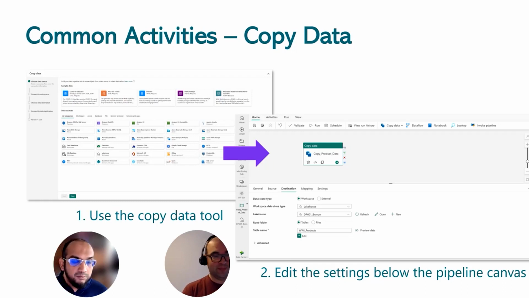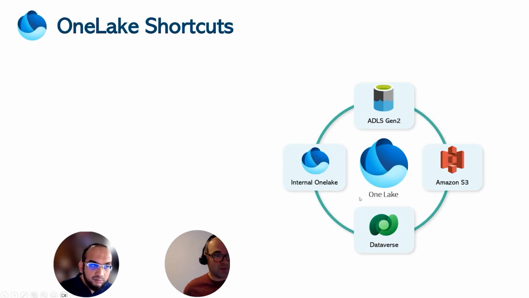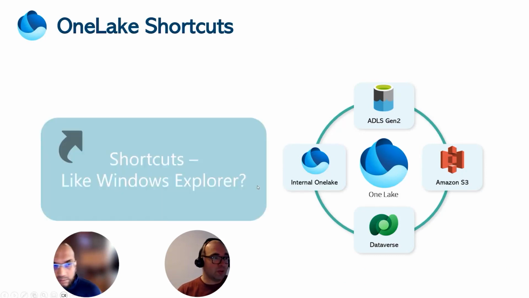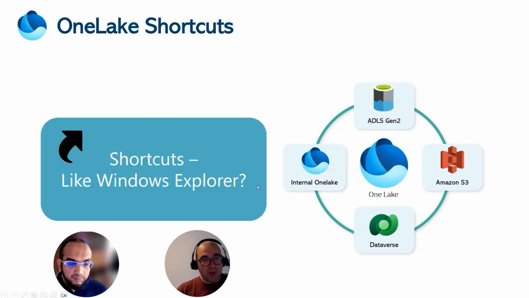So, copy data. And I mentioned shortcuts a few minutes ago. I think this is one of the coolest concepts in overall Microsoft Fabric. Essentially, shortcuts work like in Windows Explorer, when you create a shortcut, so you don't need to go and open a file which is somewhere deep in your folder structure.